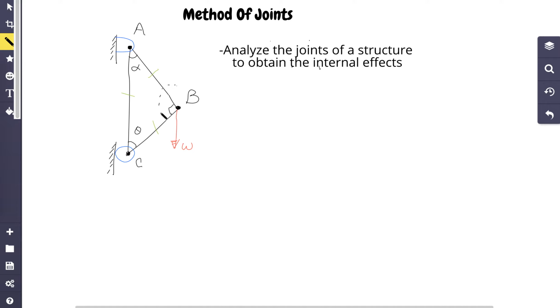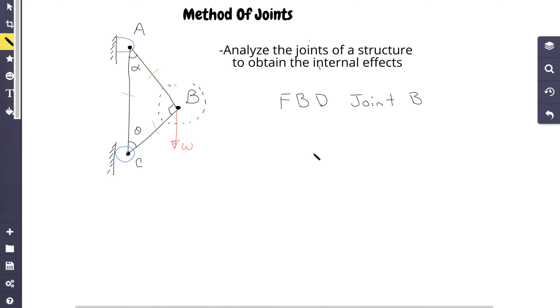So first we're going to draw B. What we can do with B is draw a free body diagram of joint B. Because these are beams with joints connected, we know there's no applied moment to them, so they have to be purely in what's called tension or compression.